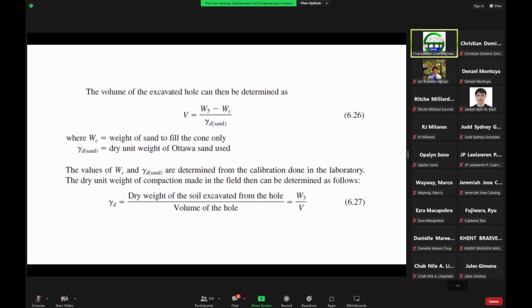That's the weight of sand to fill the cone only. And then you have here the dry unit weight of the Ottawa sand being used.